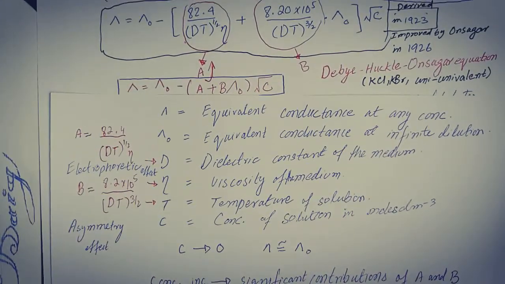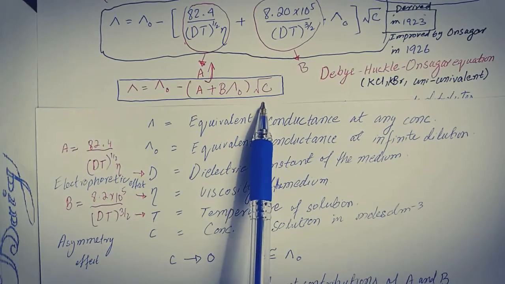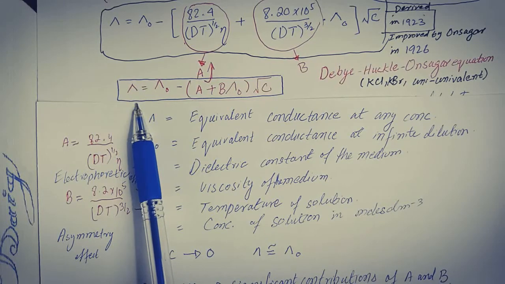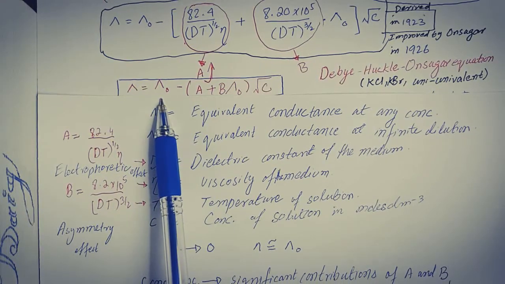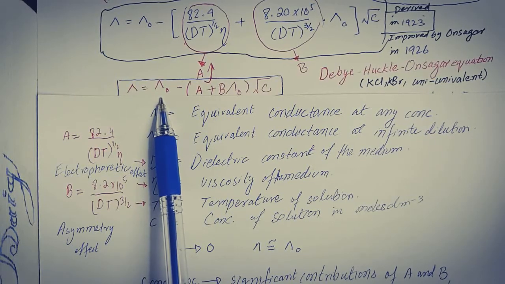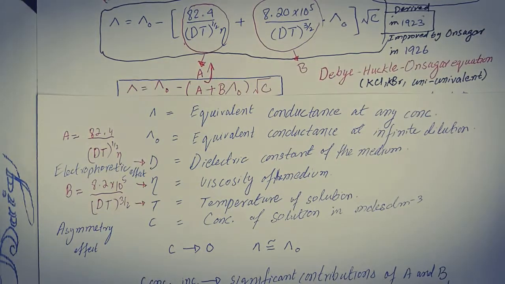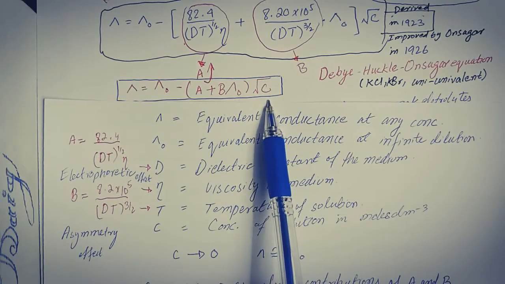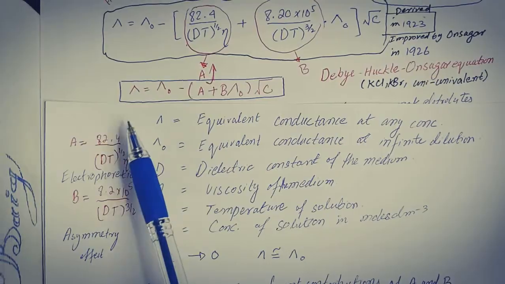Here we have the value plotted on the x-axis against the value plotted on the y-axis, and the intercept at the y-axis will give the value of equivalent conductance at infinite dilution, which is usually calculated through extrapolation of the plots that are obtained by varying the concentration of the solution and measuring the equivalent conductances.